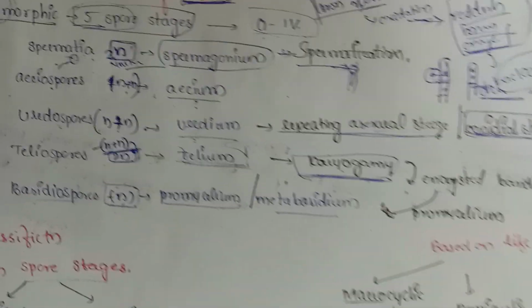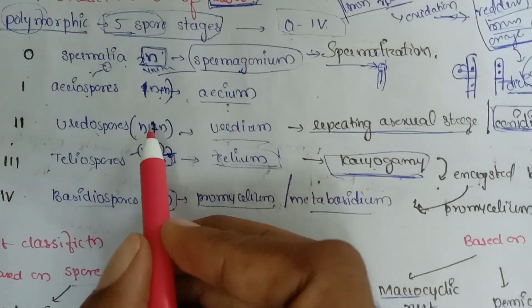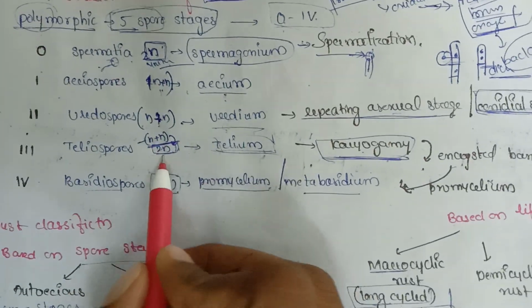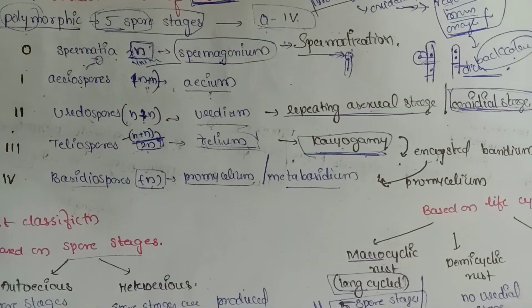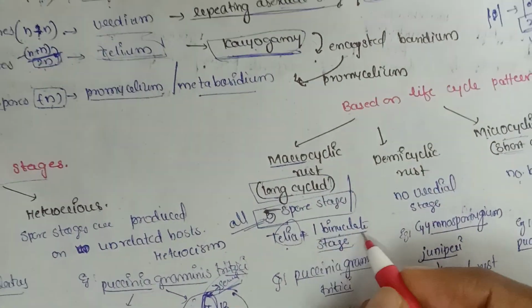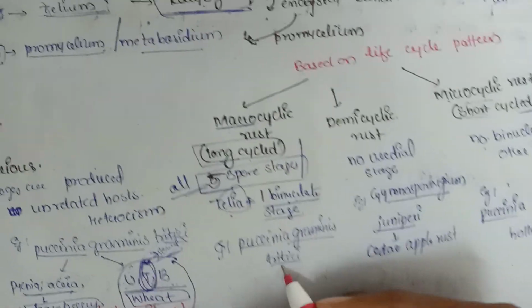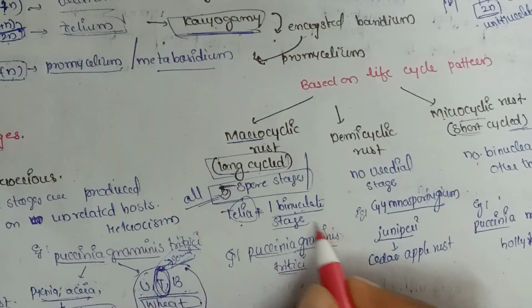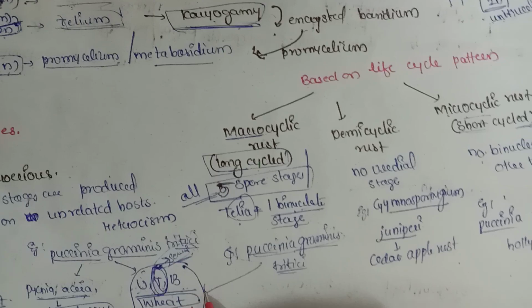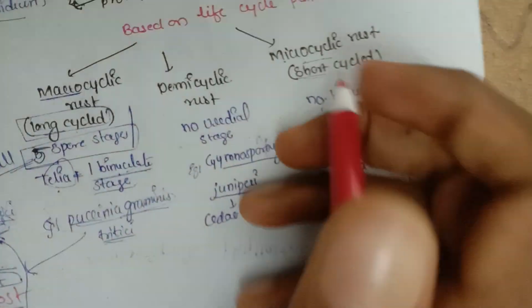Here we have three binucleate stages: aeciospores, uredospores, and teliospores. Telia plus either aecia or uredia can be macrocyclic. Then it is said to be macrocyclic. An example for it is Puccinia graminis tritici. Puccinia graminis tritici is a macrocyclic and heteroecious rust. And demicyclic.